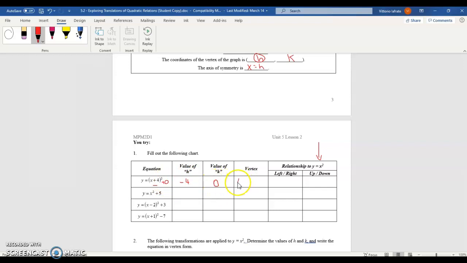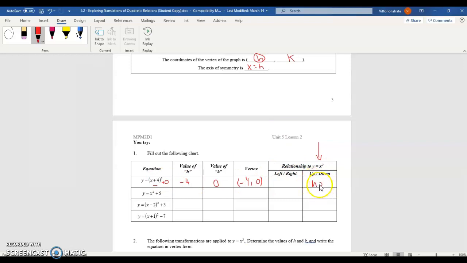And that means our vertex is negative 4, 0. Based on our rules that we saw in the boxes above. So make sure you go look at those rules above. Those are great rules to add to your notes as summaries. So how does this relate to x squared? Is it a shift left, right, up, down? Well, it's not a shift up or down.